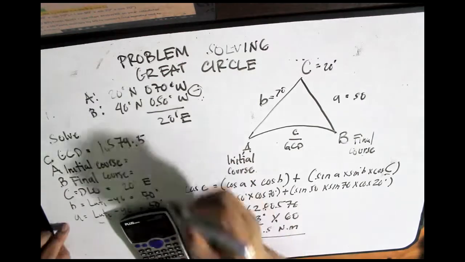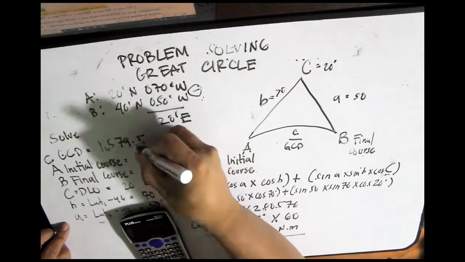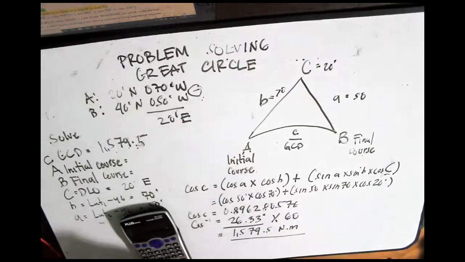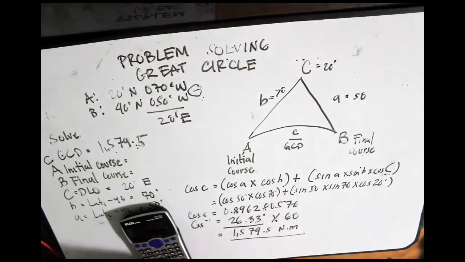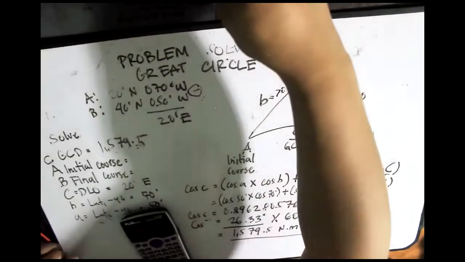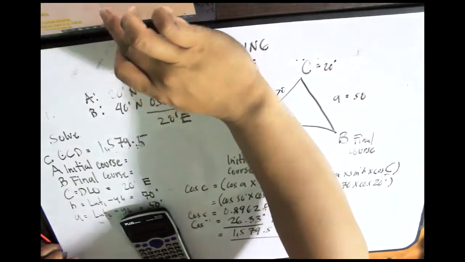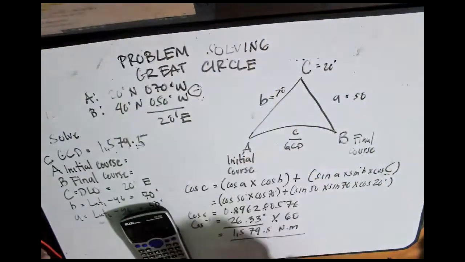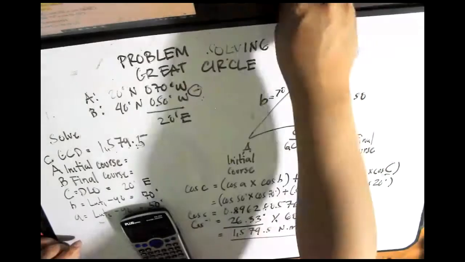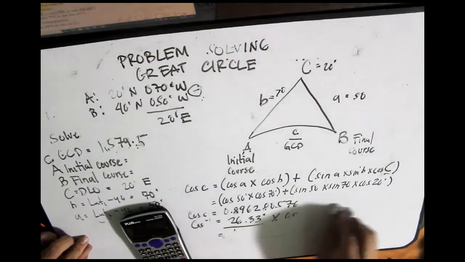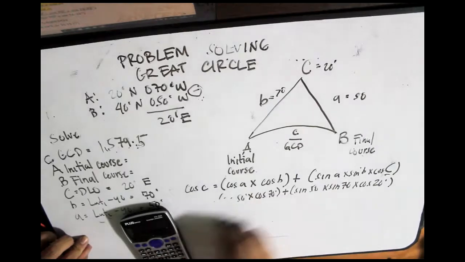Okay, yun yung sagot natin. The value is equivalent to 1,579. Okay, so that is the value of the C, yung distance natin. Now, we will calculate for the initial course naman. Okay, we will calculate for the initial course. Okay, so i-resign natin yan.